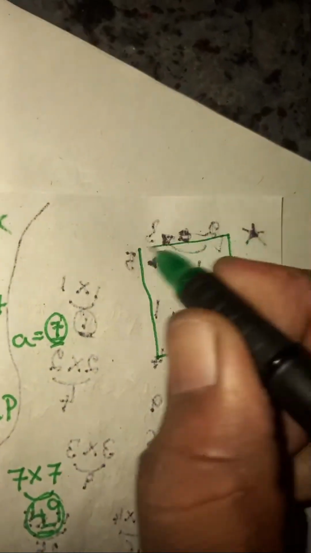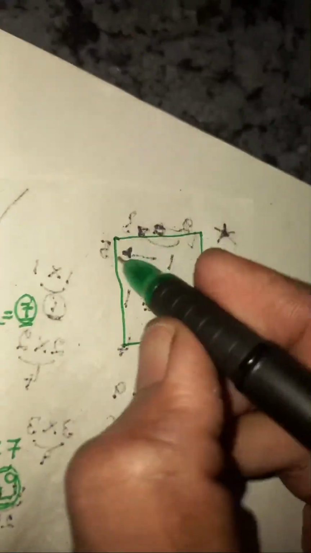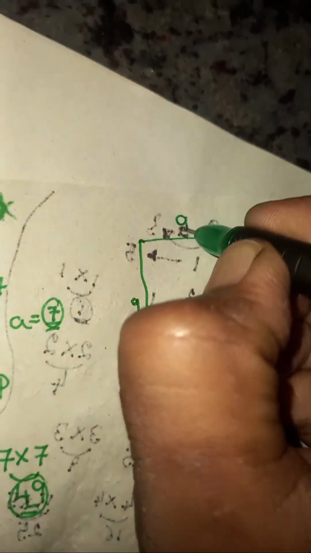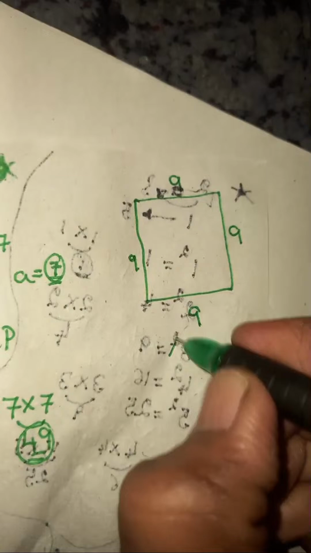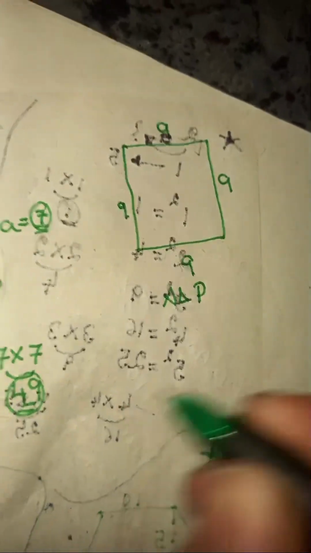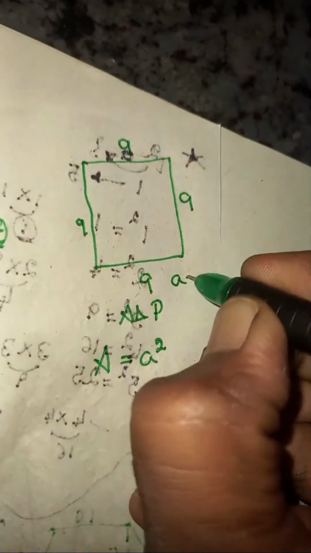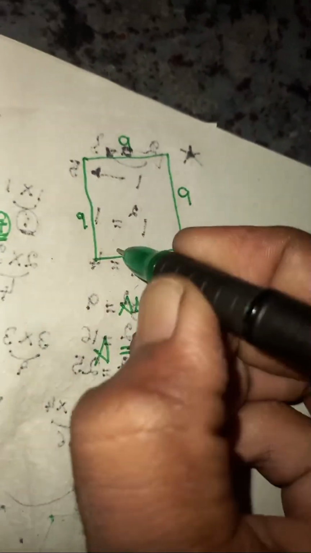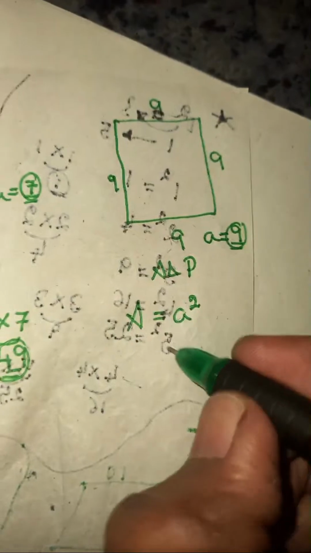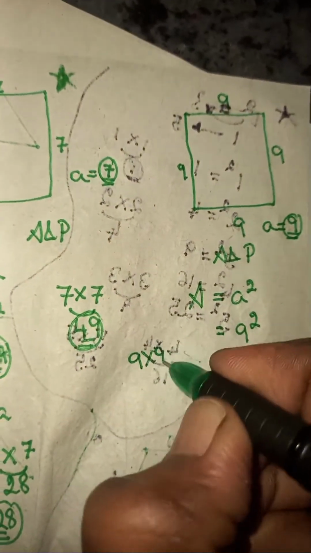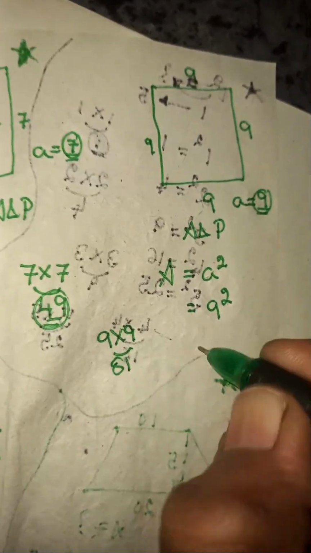Let's take one more square. In this square, they have taken 9 units side length. All sides are equal to 9 units. Now you must find out the same, area and perimeter. Area equal to a squared. Here also a is 9, that is the side length, going to be 9 units, which is 9 squared. 9 times 9 is going to become 81.